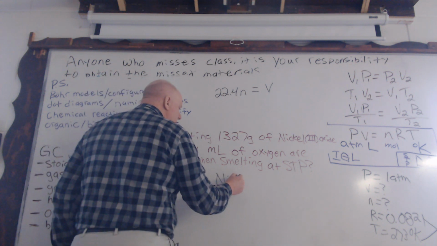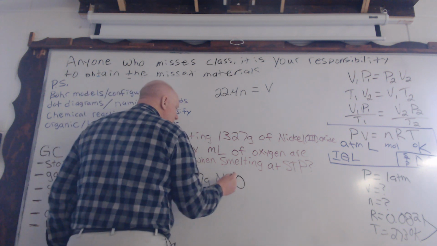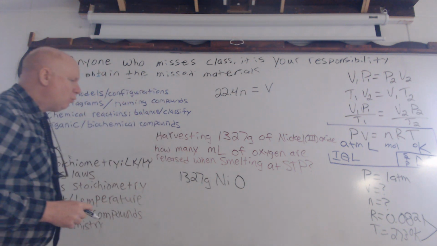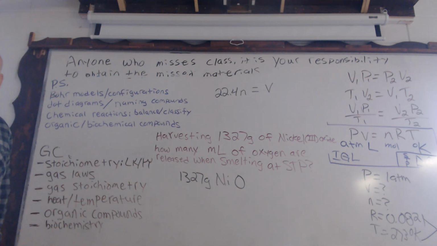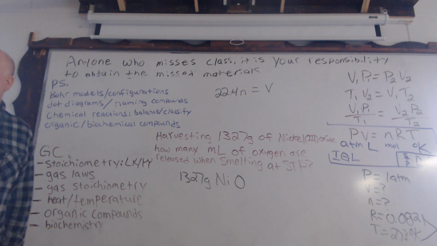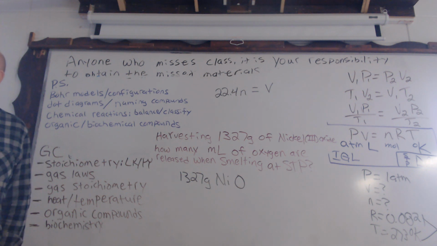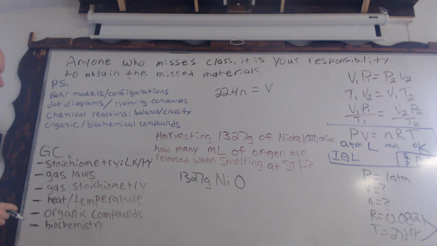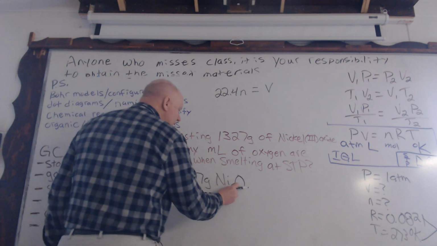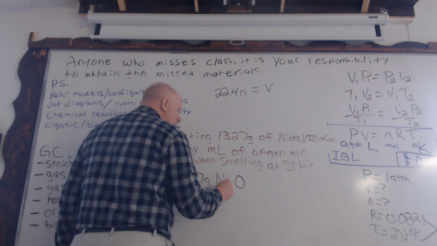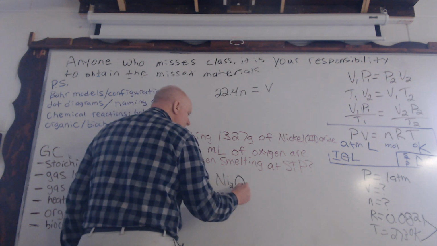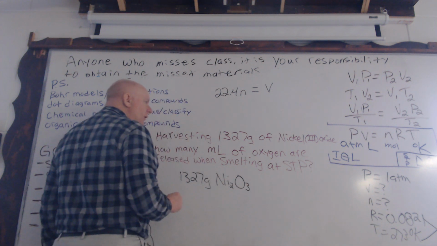O. With the way that is written, does that add up to 0 right now? If it was nickel 2 oxide, yes. We've got nickel 3, though. So how do we have to change this? Ni2O3. Now we have nickel 3 oxide.